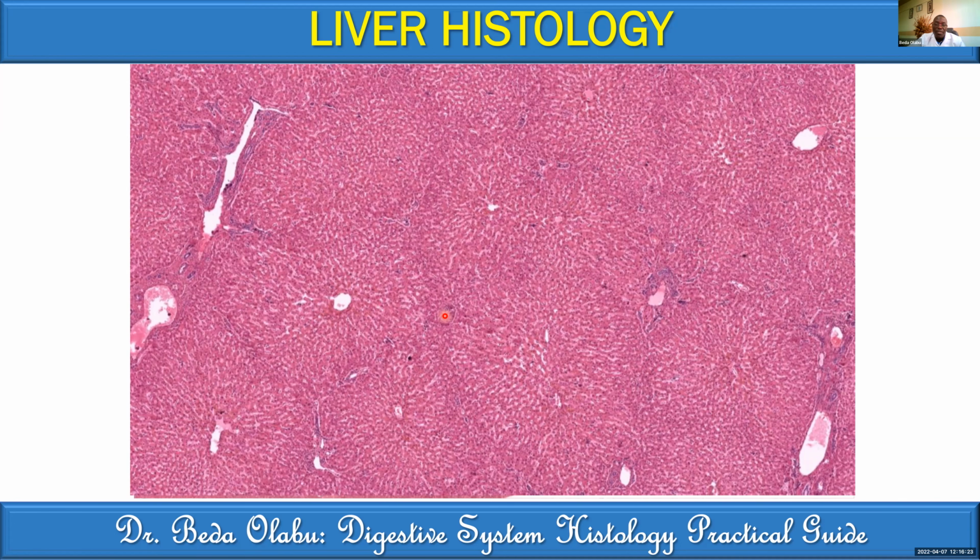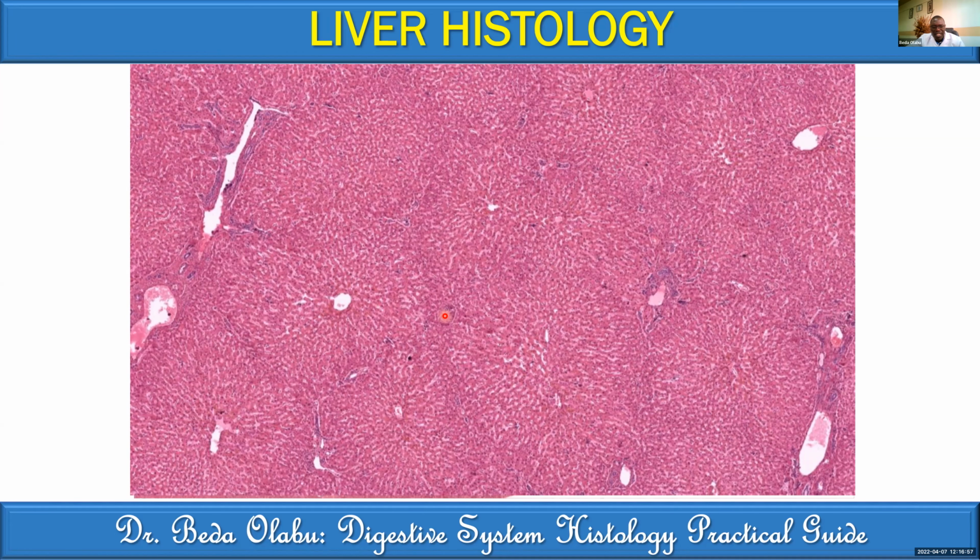A portal triad consists of 3 things: a branch from the hepatic artery, which you can just call hepatic arteriole, a branch from the portal vein, which we call portal venule, and a tributary of the bile duct. We can call it bile ductule. So the portal triad contains 3 structures: hepatic arteriole, portal venule, and the bile ductule.